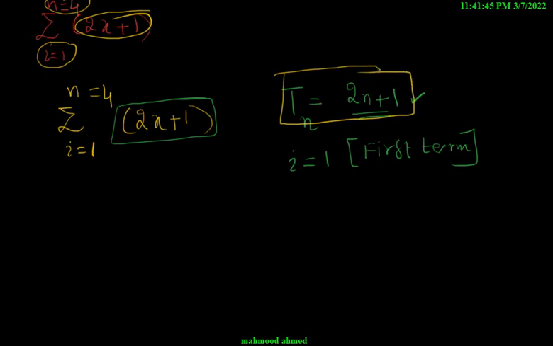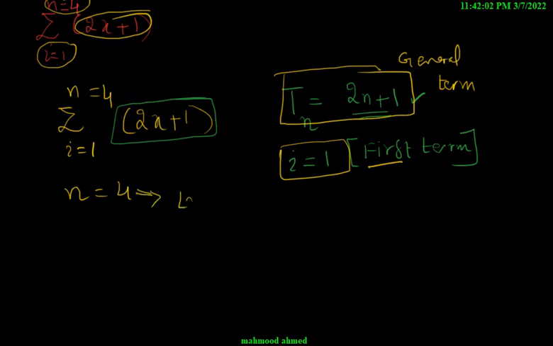Basically this is the sequence or general term. And i is equal to 1 is the first term, and n is equal to 4 is the last term of this general term.